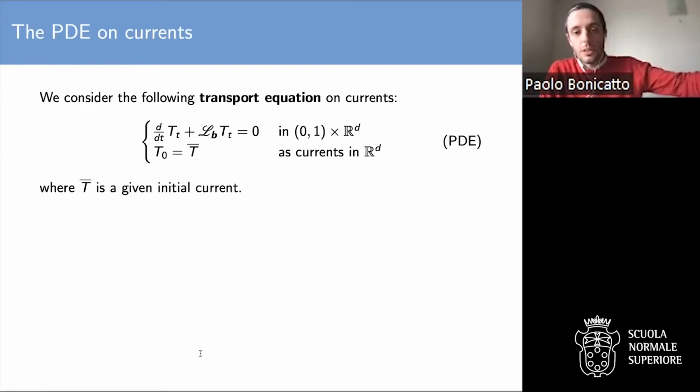I suppose that I have an initial current T bar, and I'm looking for solutions that are families of currents T_t indexed by time, which solve the transport type PDE that I've written down on the slide. So the time derivative plus the Lie derivative with respect to B is identically equal to 0.